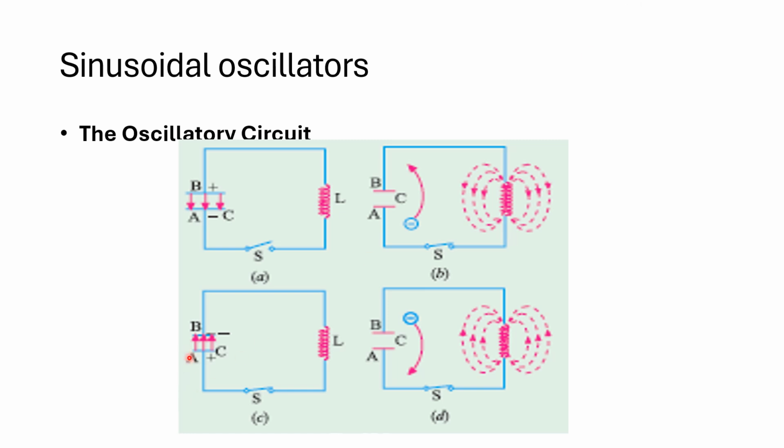The movement of electrons is now from B to A, while the conventional current flow is from A to B. In this case, the magnetic field collapses. As you can see, the magnetic flux goes back to zero, and the energy given out by it is stored in the electric field of the capacitor.